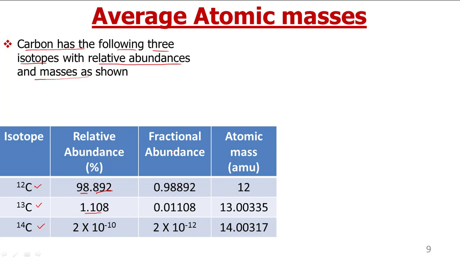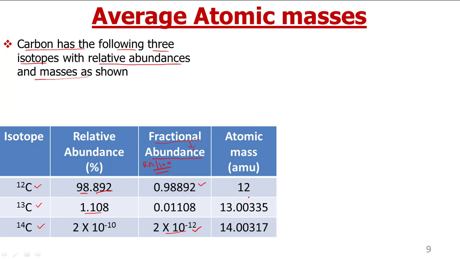First, I have calculated the fractional abundance, because to calculate the average atomic mass we need the fractional abundance. It is the relative abundance divided by 100. So 98.892 divided by 100 is 0.98892. 1.108 divided by 100 is 0.01108. 2 into 10 raised to power minus 10 divided by 10 raised to power 2 is 2 into 10 raised to power minus 12. So this is the fractional abundance.